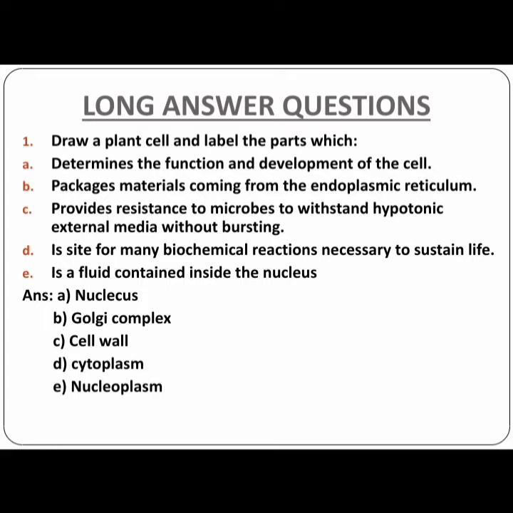The cell wall is very rigid in the case of a plant cell, so it is going to protect. Which is the site for many biochemical reactions necessary to sustain life? It is the cytoplasm, the jelly-like fluid where all the metabolic and biochemical reactions take place. And which is the fluid contained inside the nucleus? It is nucleoplasm. So here you need to draw a diagram of a plant cell.